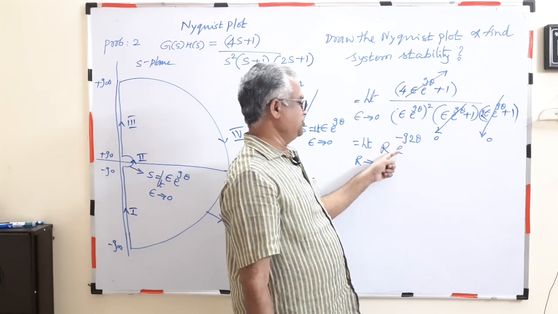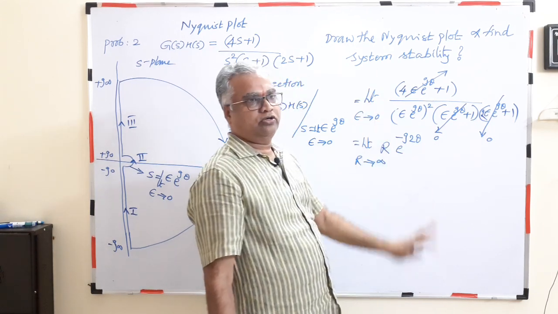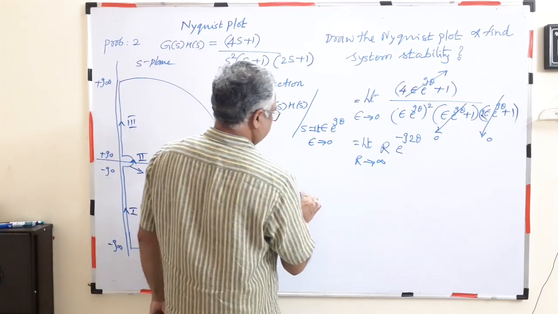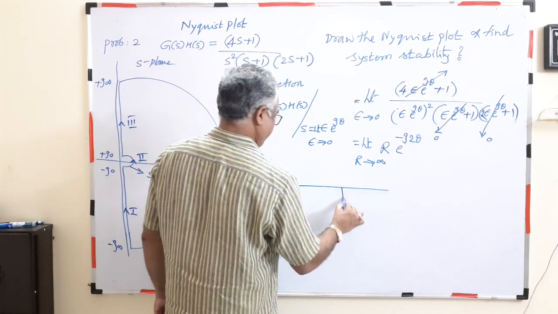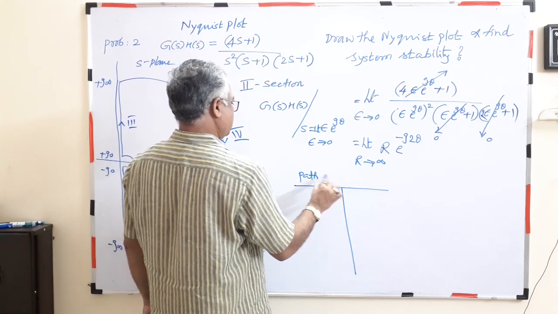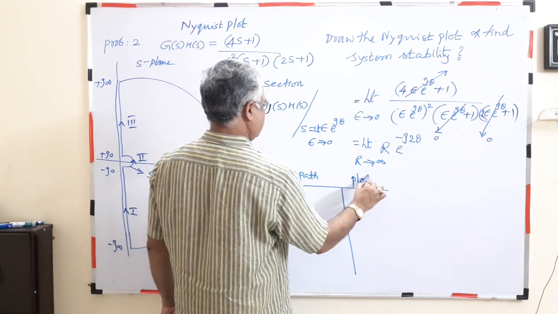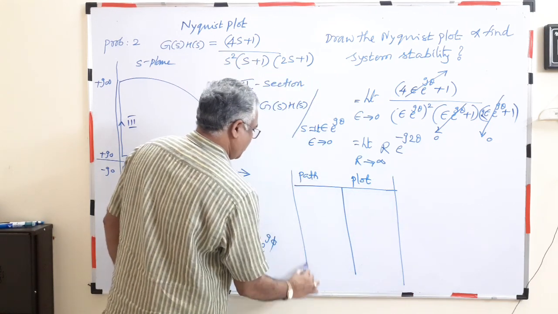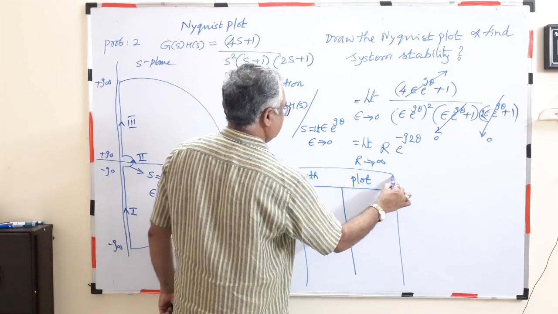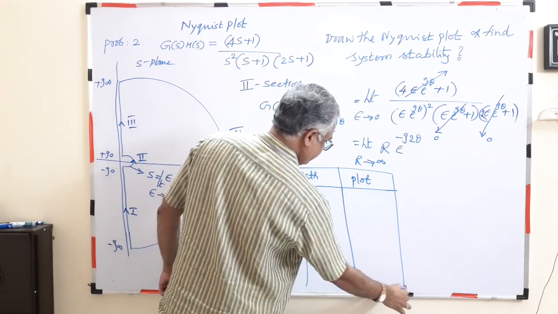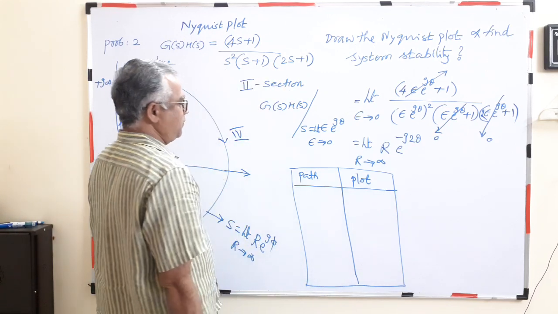If you do some mistake, then table wrong, plot wrong, stability wrong, everything gone. So from this, prepare a table. You write the path here, here you write the plot. How path is changed to plot, so we are summarizing here.